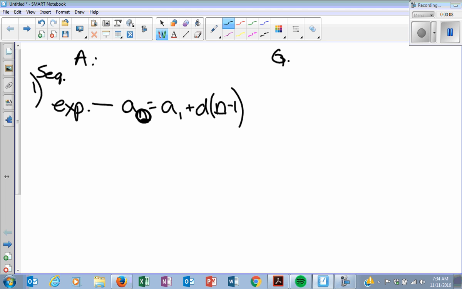Then we have this other formula that we don't even really need to write down too much. It was called the recursive. And the recursive was, well, let's say you wanted the A-N term. If I'm in arithmetic, how do I get to the next term? Since I know it's arithmetic, I'm doing what to get to my next term? Adding.